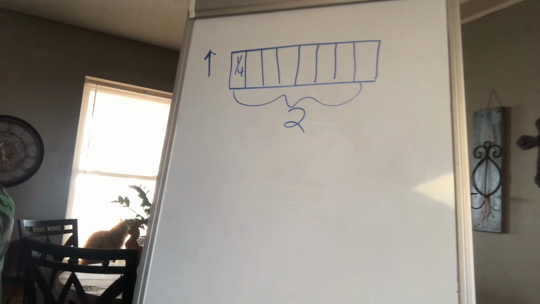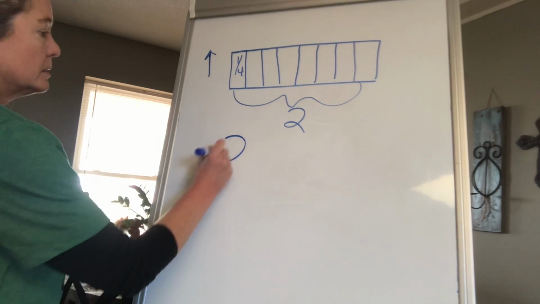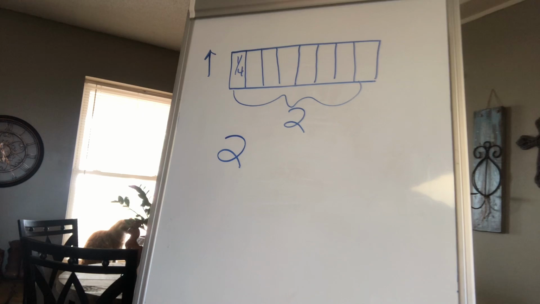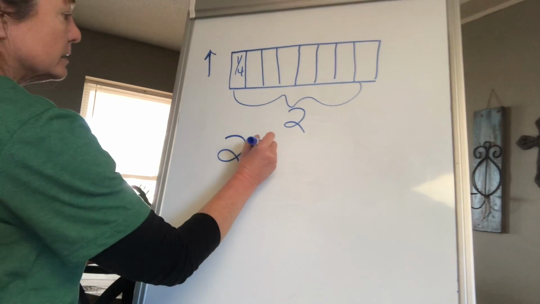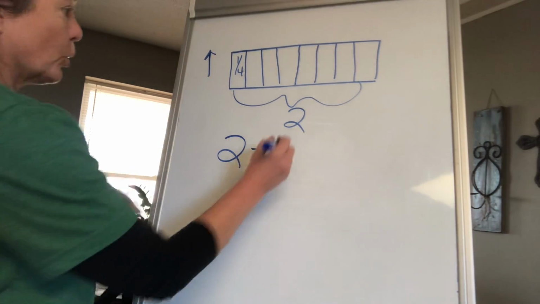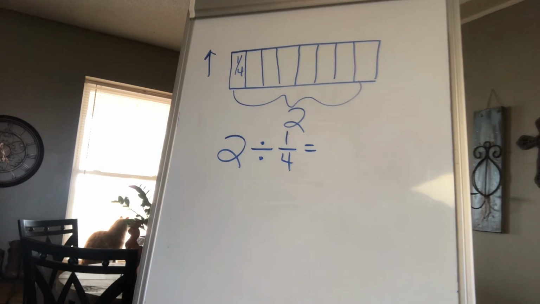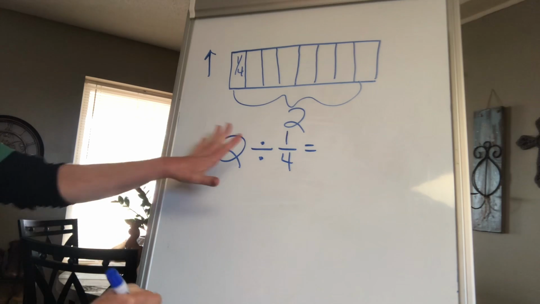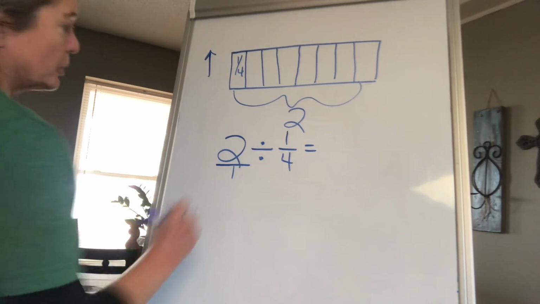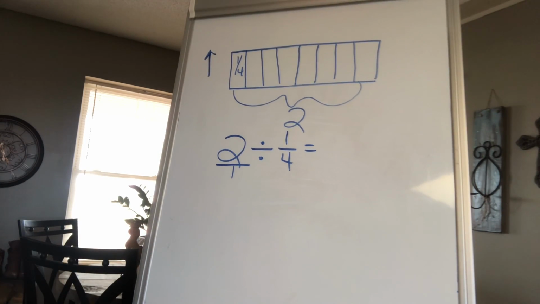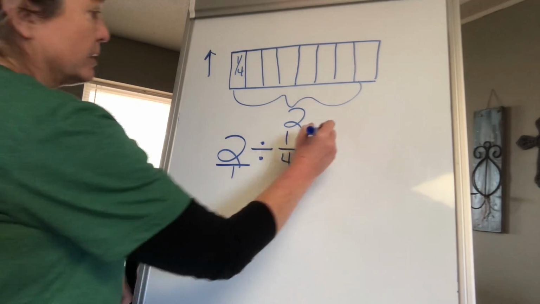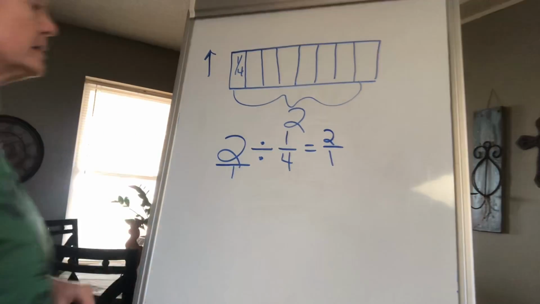And then question 2, write a division equation to represent the situation. Well, I have 2 pounds that was being divided into fourths. So then I know that I place my whole number over 1. I slide on over because I'm dividing.